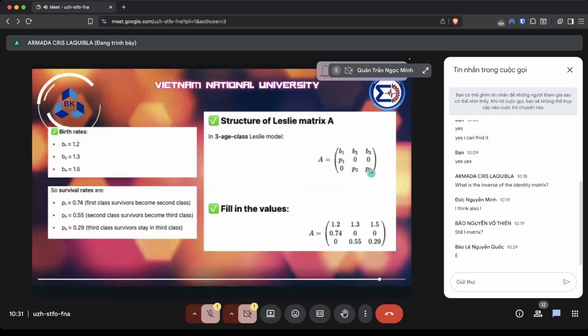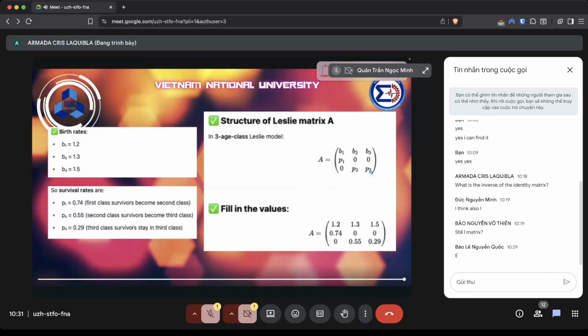Since there is additional percentage of survival for the third, it should be here. Because you are not allowed to add another row, because it will make a 4 by 3 matrix. It's not a square matrix anymore. Leslie matrices are square matrices.